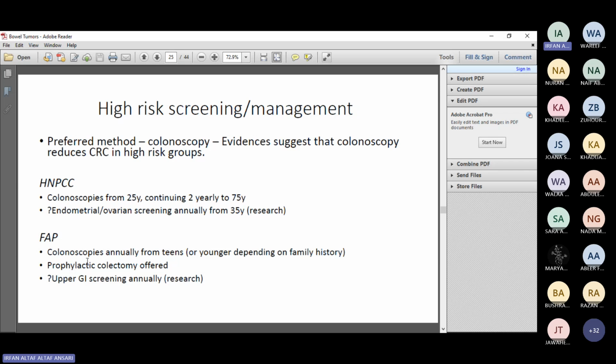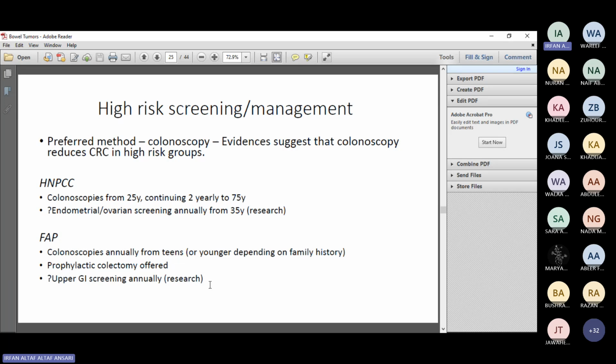If you diagnose, you offer prophylactic colectomy and upper GI scopy, usually done annually, because they have seen an association of gastric polyp and gastric carcinoma. So usually they do it, especially if you are interested in the research process. But you need to always remember, high risk screening is always colonoscopy.